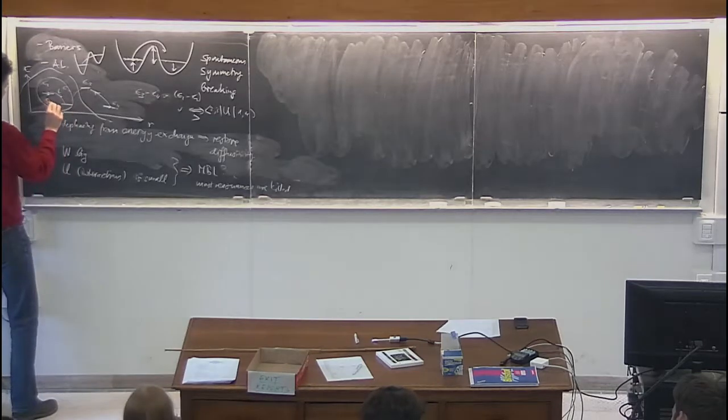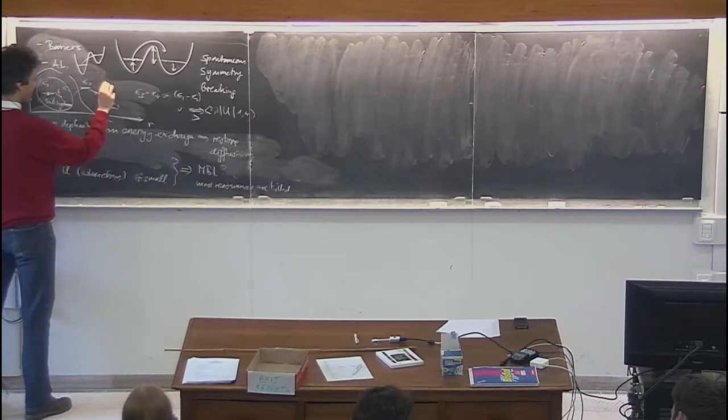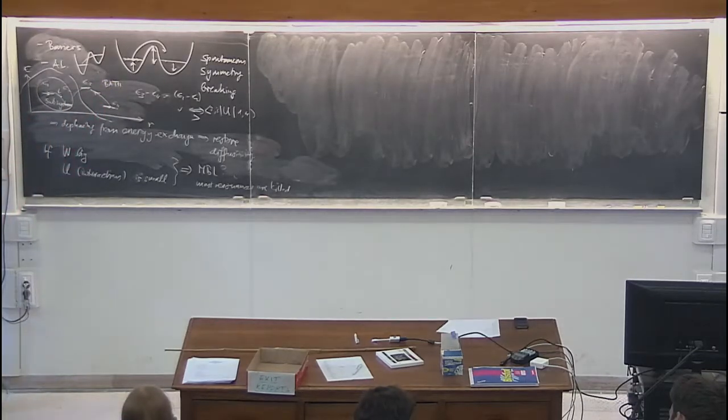So if I think of this as a subsystem, and this as the bath part for this subsystem, then the question of many-body localization is, does the remainder of the system act as an actual bath for the subsystem, yes or no?